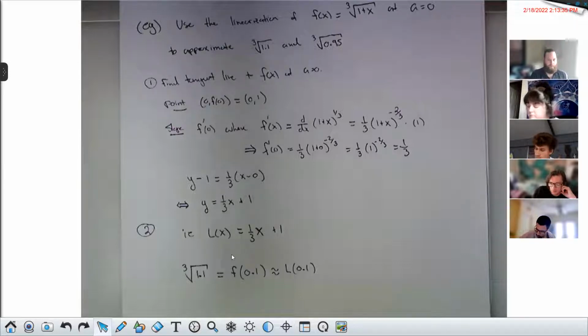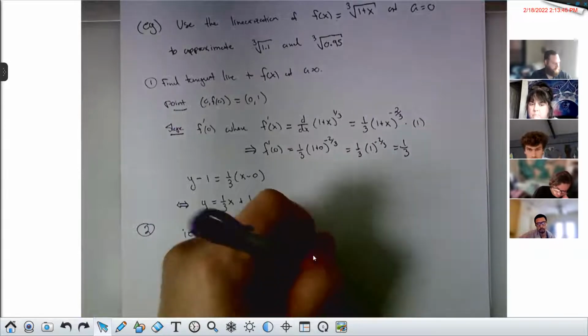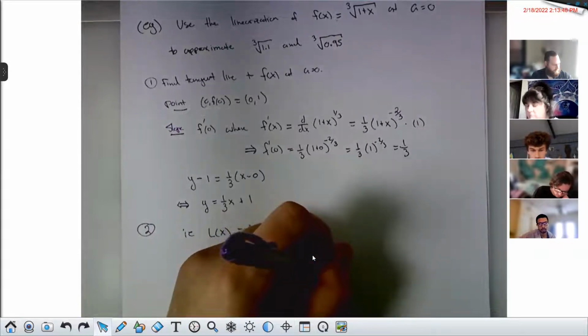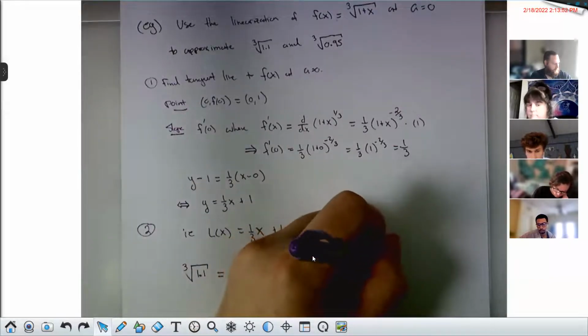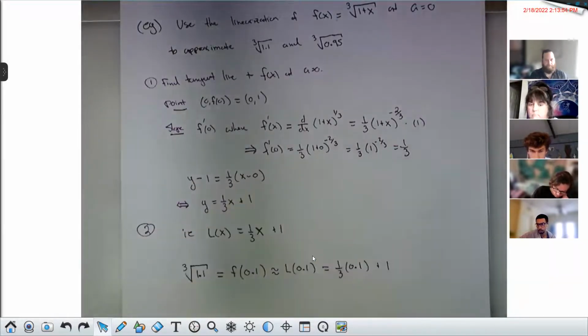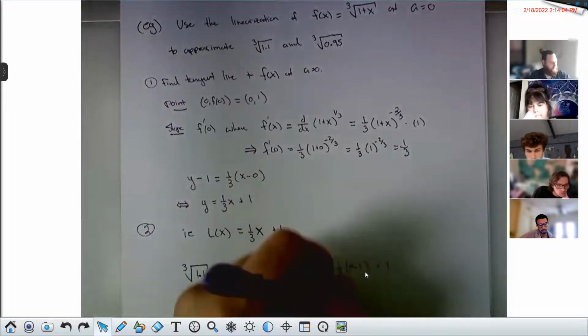And that was kind of the big result from last time, that f of some input is really close to L of that input, as long as that input is close to a. And L of that input is this. So plugged in. And probably what I would do here is rewrite 0.1 as 1/10.